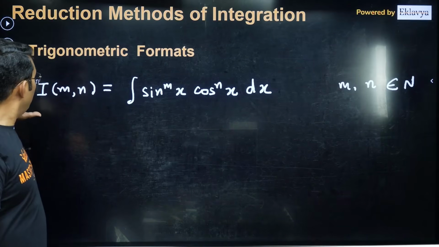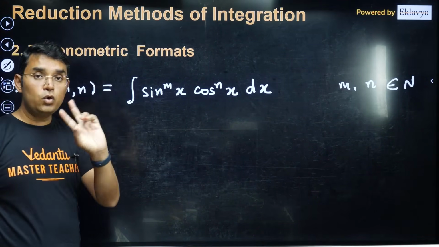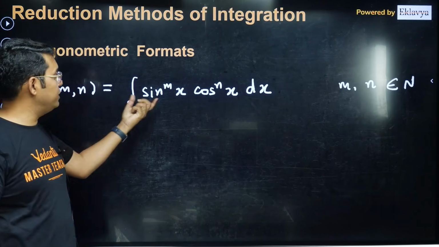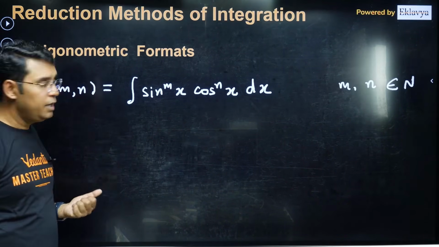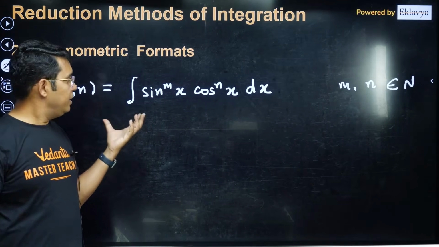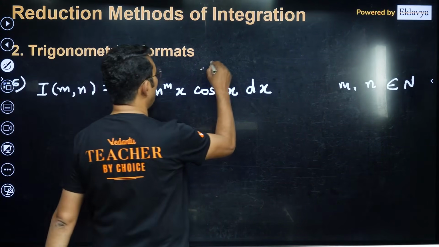Now I_{m,n}, where there are two powers, one on sine and one on cos. How to deal with this? You can obviously not do it in one go. Yeah, there is a possibility. Suppose n is odd.